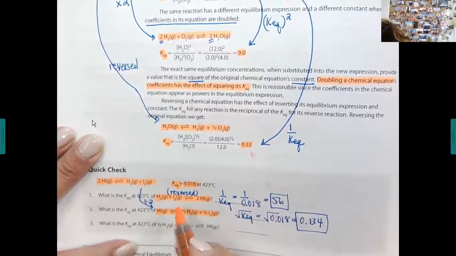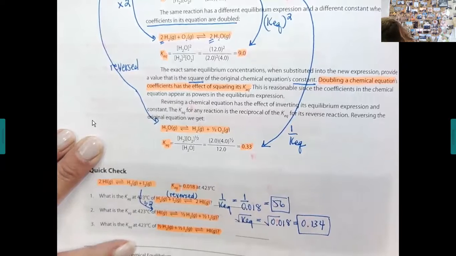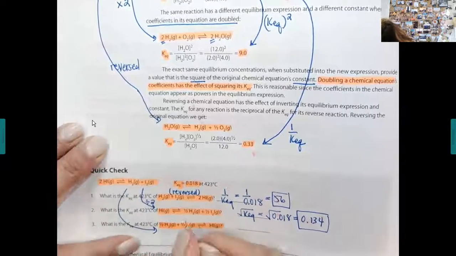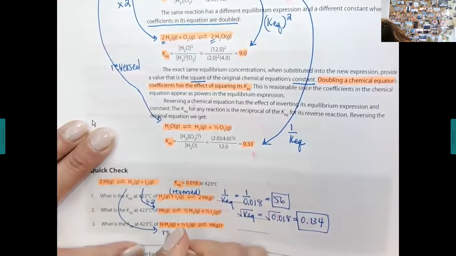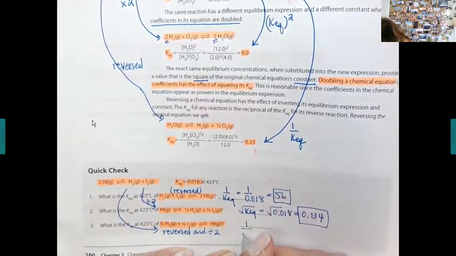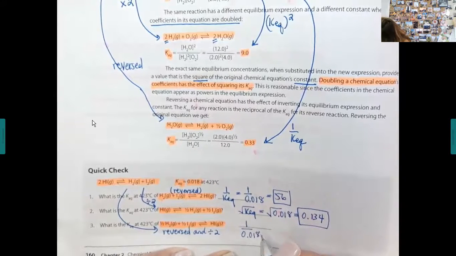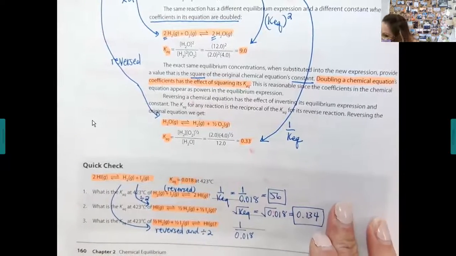And then here, they reversed the original and they divided it all by 2. So what that means is you would take 1 over 0.018, and then you would, I need my calculator.